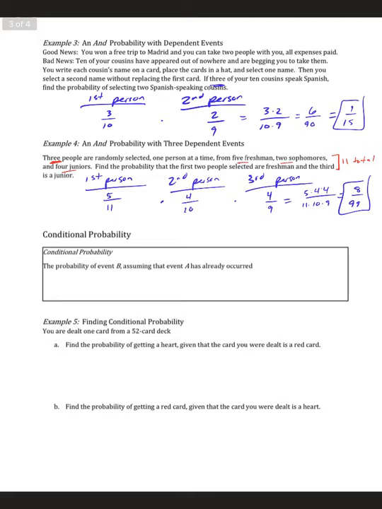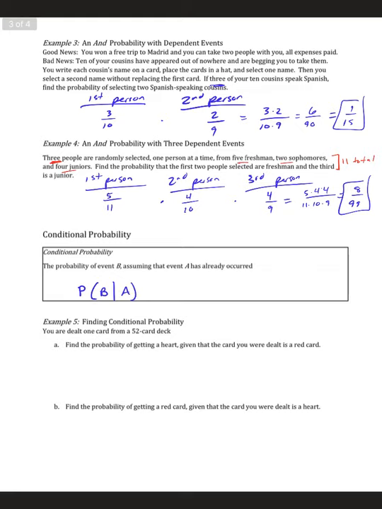Now, on to the second objective for this section, which is conditional probability. Now we're talking about the probability of an event B occurring, assuming that A has already occurred. The formula we're looking at here is the probability of event B occurring given that A has already occurred.